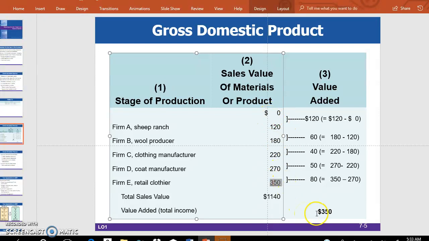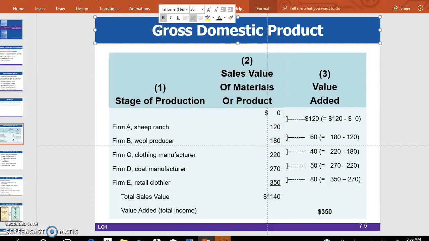So the only correct value is 350, and in 1140 you have multiple counting mistakes, right? Okay. So this is how we measure value added in every line of production, in the production of every good and service. Then we add it together and get the GDP, gross domestic product, right?